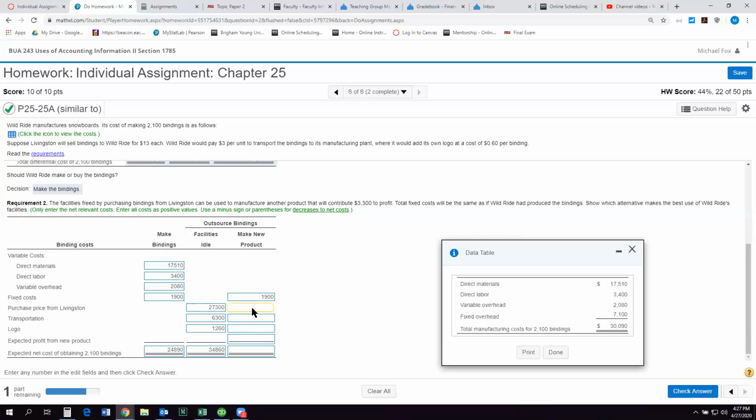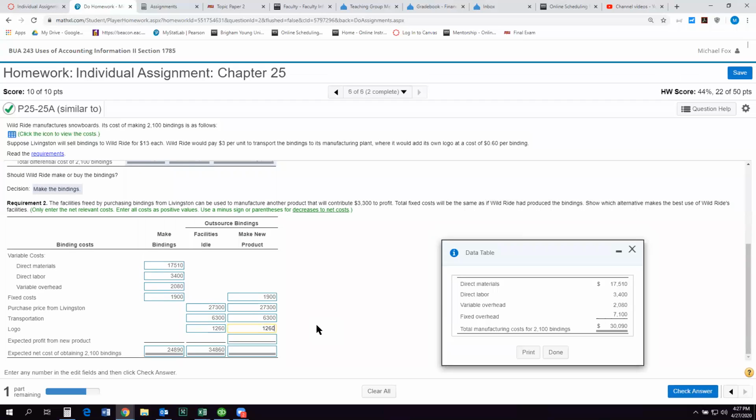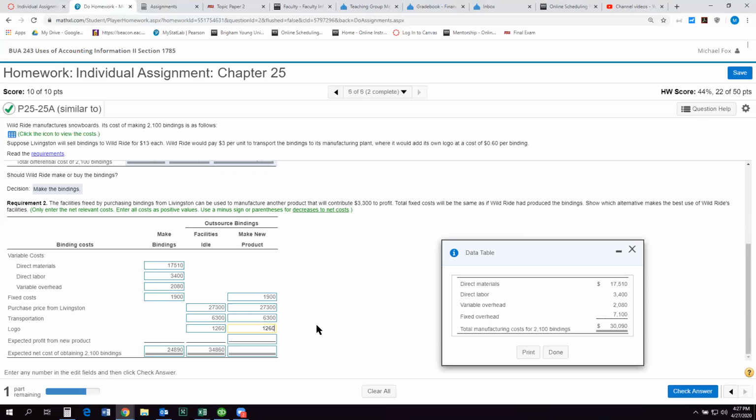Plus, we'll have the cost of the purchase and the transportation and the logo. Is that right? Yeah, $1,260. And then the expected profit from the new product is actually going to reduce our costs. So we're going to put this in as a negative.